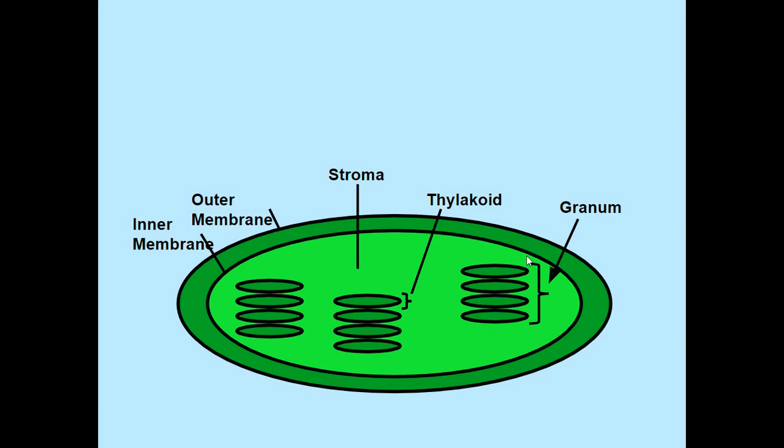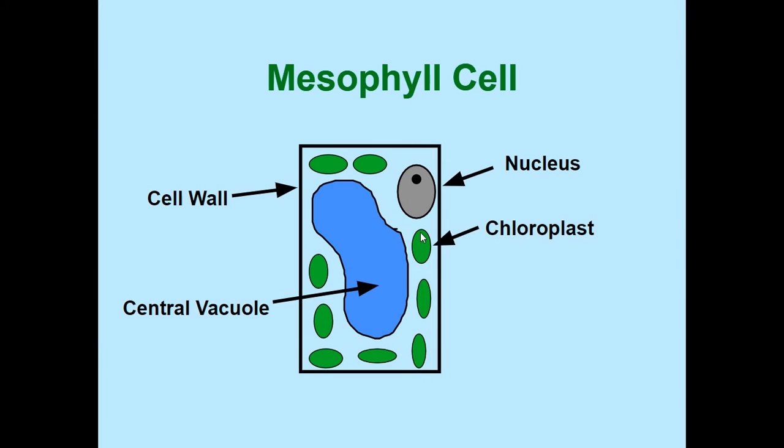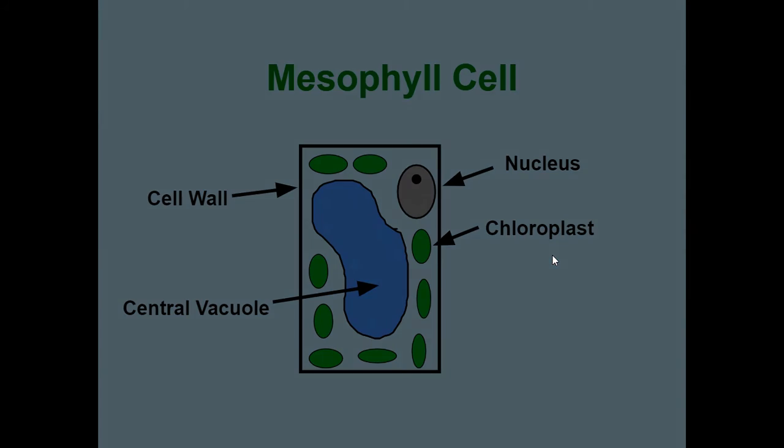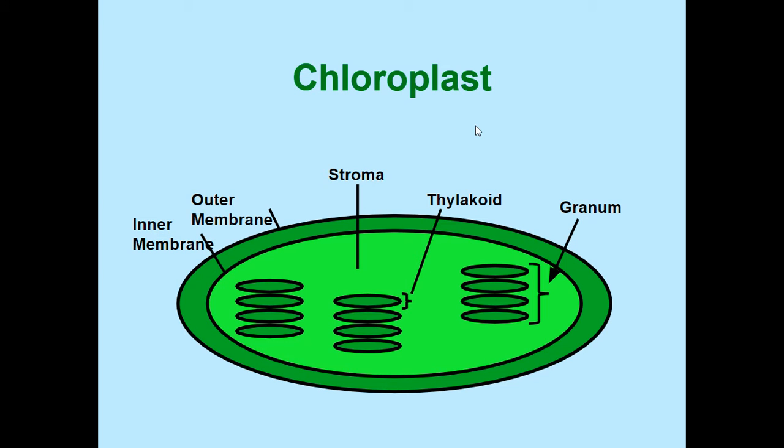Okay. Looking in further, we're going to look at a chloroplast specifically. So if we go back, we're going to look at one of these green guys. In a chloroplast, it's made out of several things. It has an outer membrane, an inner membrane. It has the inner space called the stroma.